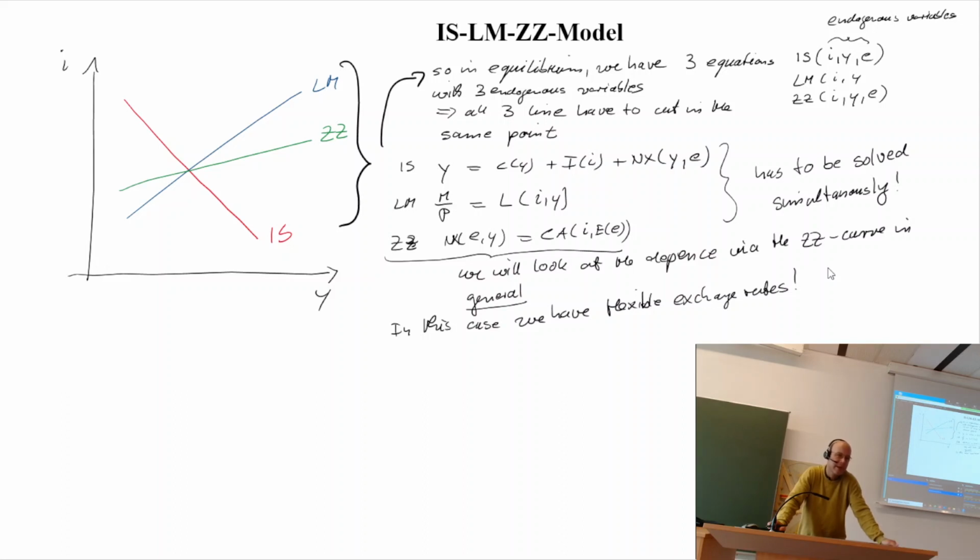And maybe the most famous example for fixed exchange rates is still the economy of China, because more or less they follow, from their monetary policy, a fixed exchange rate to the US dollar.